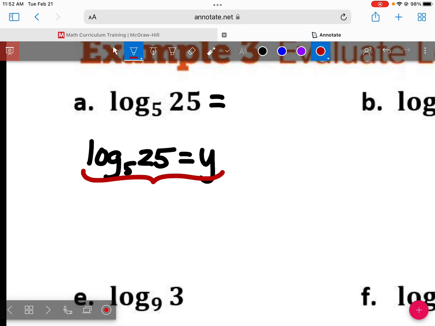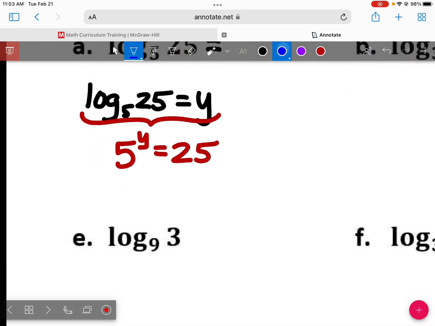Can you help me rewrite this in its exponential form? Log 5 equals 25. No. Hold on. 5 to the y equals 25. Do you know what power we could take 5 to get 25? This would be 5 to what power?